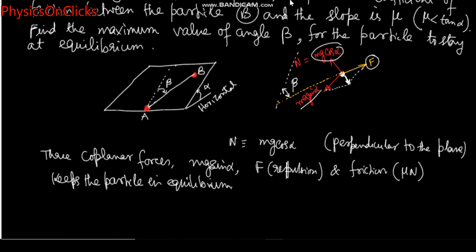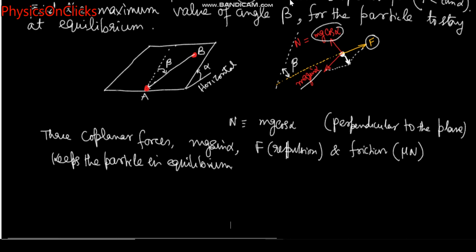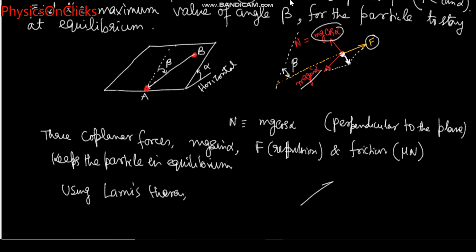We can easily understand that Lami's theorem may be of little help for us to solve this. So let us use Lami's theorem. What are the forces? One is the repulsion force F. Another is mg sine alpha.